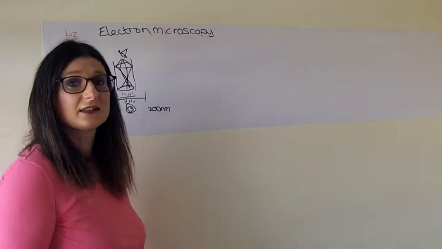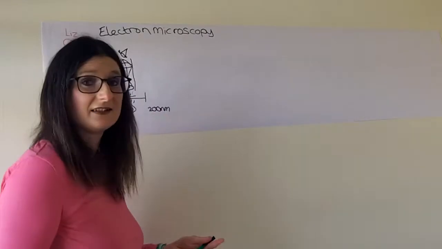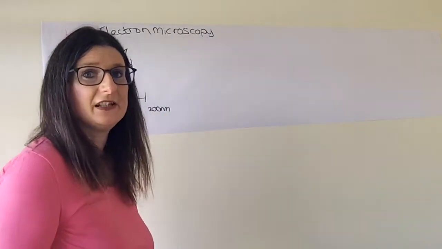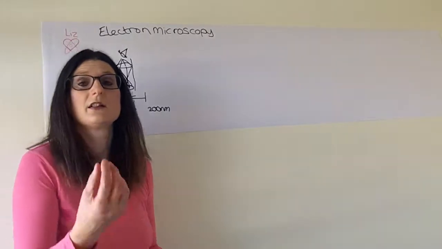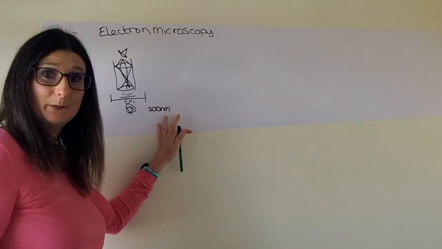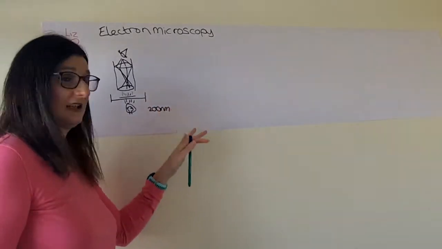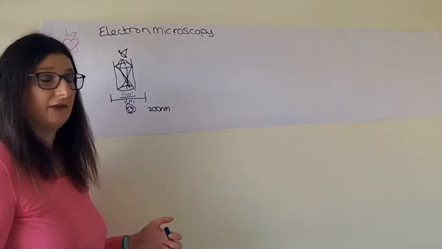And that's an absolute value. As I say, it's based on the physics of how it works. You need to be able to get the light in between the bits of the sample in order for you to be able to see them. So that is the limit of light microscopy, which is a bit of a downfall.